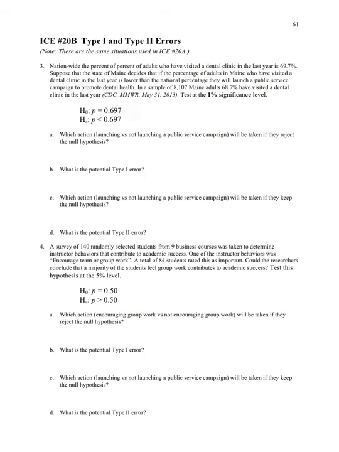So in this problem, in the first problem, which is for some reason labeled number 3, it says, if the percentage of adults in Maine who have visited a dental clinic in the last year is lower than the national percentage, they will launch a public service campaign. So if they reject the null hypothesis in favor of the alternative, then the action that they're going to take is to launch the campaign.